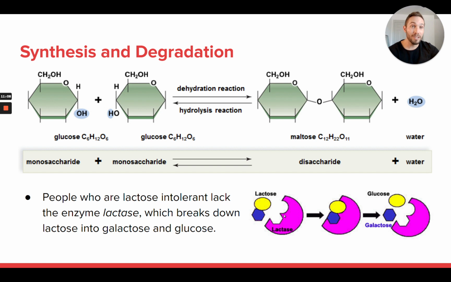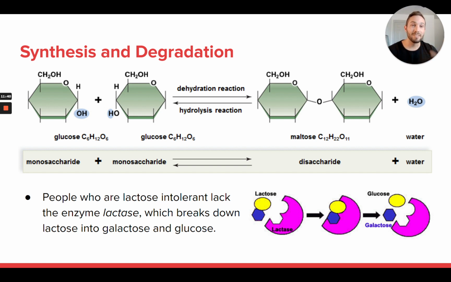What's actually supposed to happen is as you get older, you have a gene in your DNA that codes for this enzyme, lactase, and that gene is supposed to stop being used by your body, and you're supposed to stop making lactase. So really, people who are lactose intolerant, those are the normal people, because you're supposed to be making this enzyme when you're younger, and when you're older, you're supposed to start not making this enzyme anymore in your body.